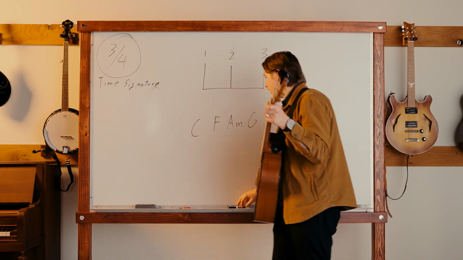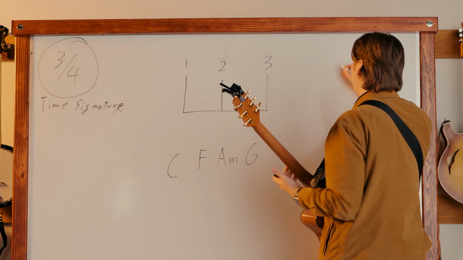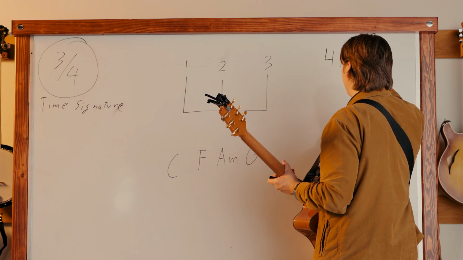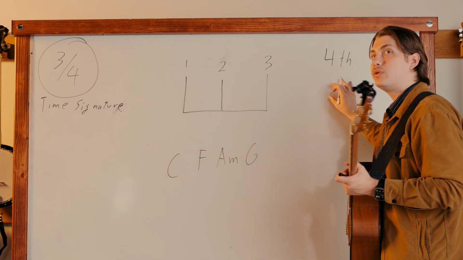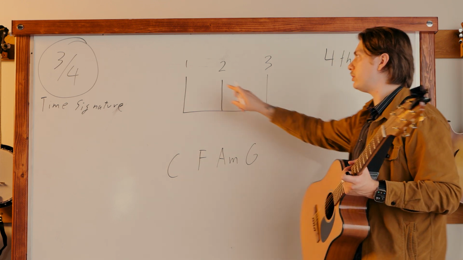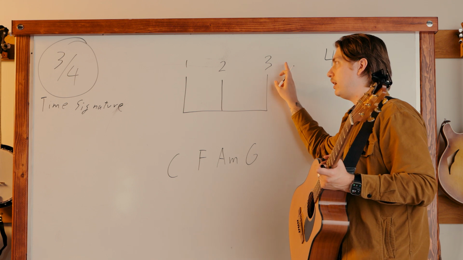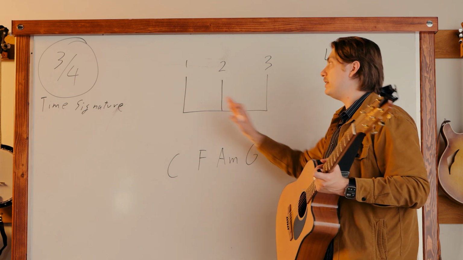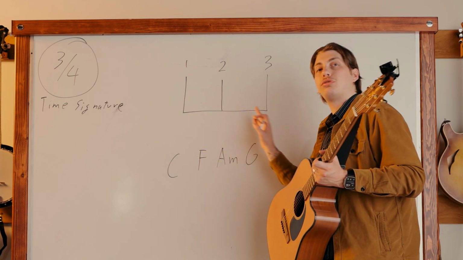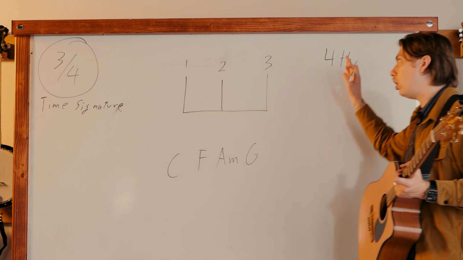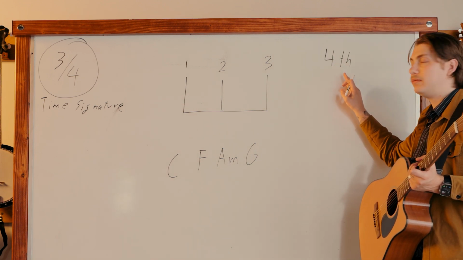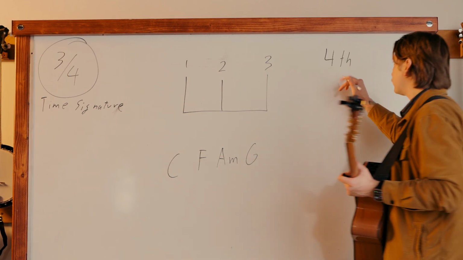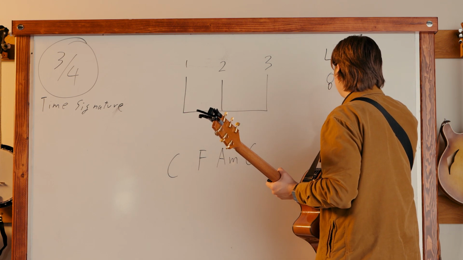Now, if we talk about fourth notes, remember, there are two kinds of notes. The fourth notes are these big ones like this. It just means each of these beats. Even though there's only 3 of them, they're still called fourth notes. And then there's eighth notes.